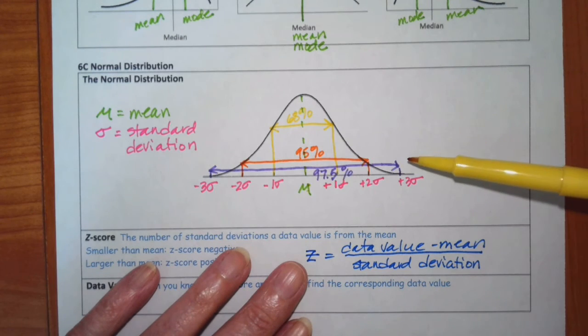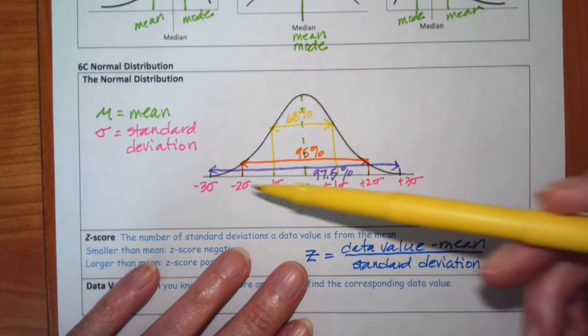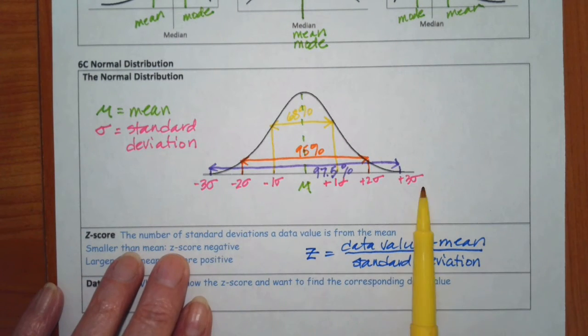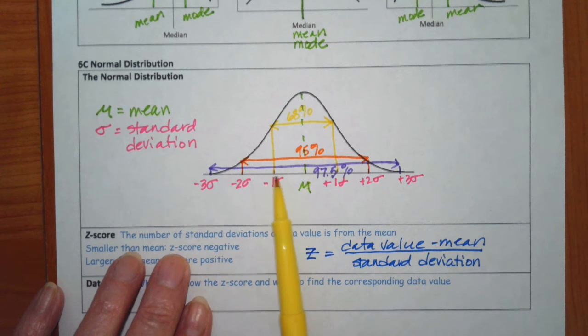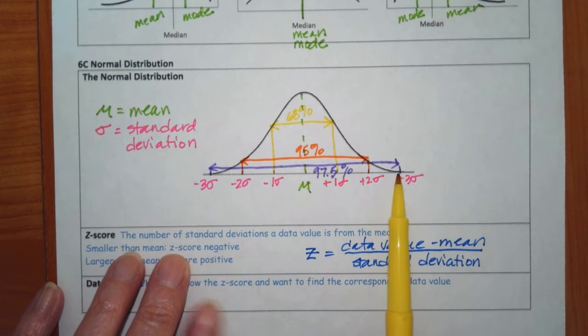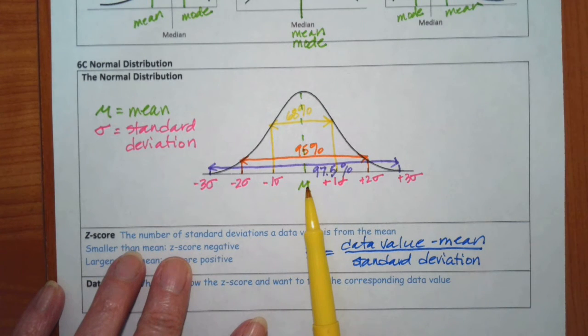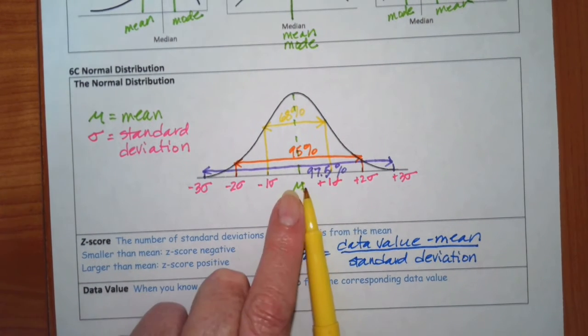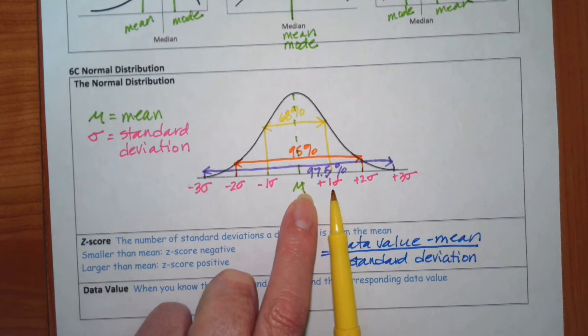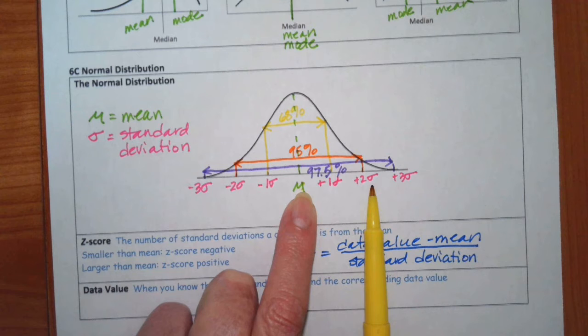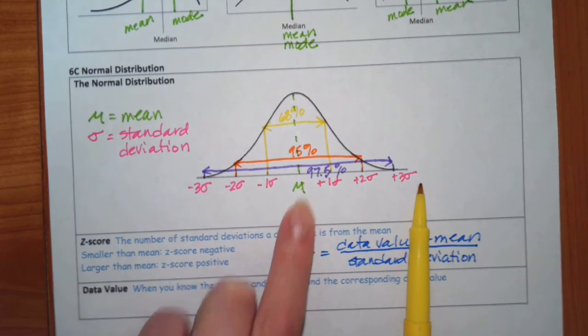Okay, but what this means is if you have a normal distribution, the curve looks the same for everything. The only thing that changes here are the numbers on these axes. You have 1, 2, 3, 4, 5, 6, 7 values here. You have your mean. To the right of that, you're going to add 1 standard deviation, then 2 standard deviations, 3 standard deviations.